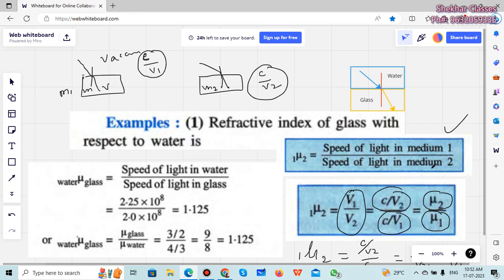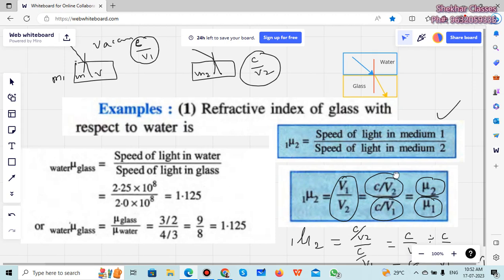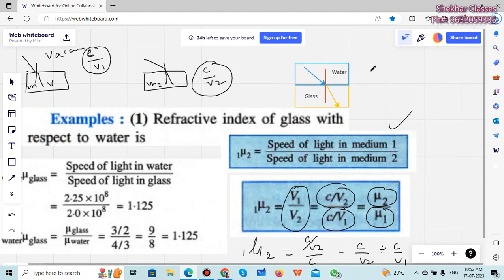This is the best way, but all the time you may not be given the speeds. You may be given, for example, that the refractive index of water is 1.1 and the refractive index of glass is 1.5.